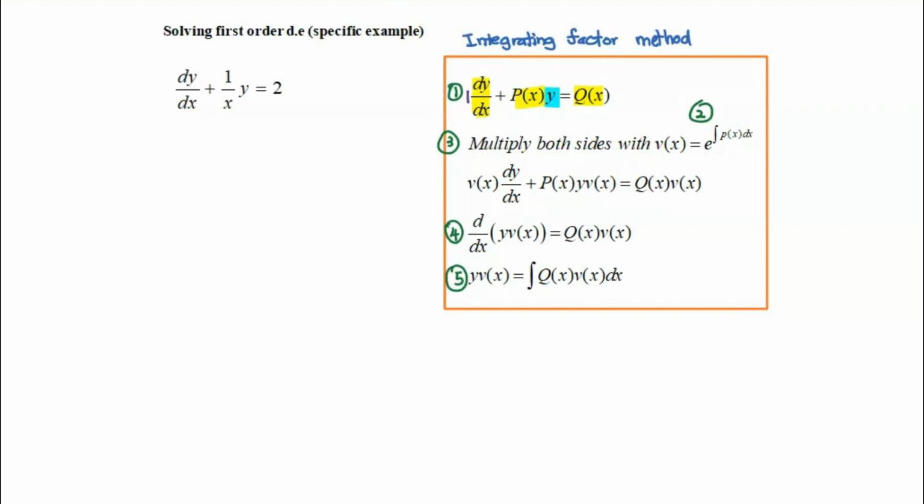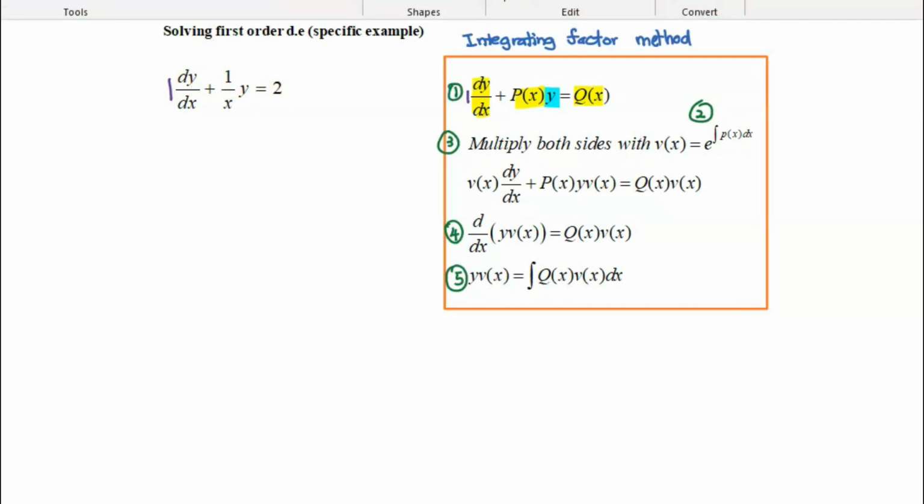So let us check with our question here if it fits the first step. As we observe here, dy over dx, the derivative, has coefficient 1, and since the dependent variable is y, we are able to see y here.